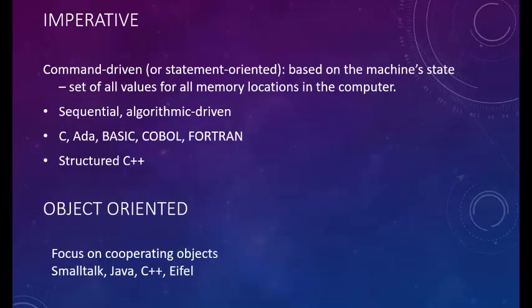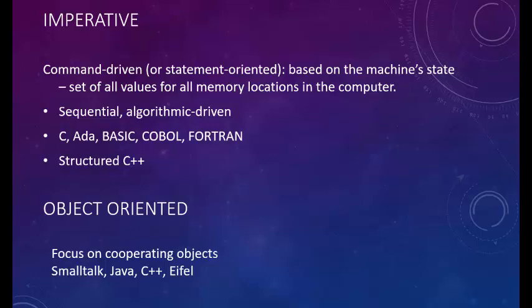The object-oriented paradigm is based on solving problems by focusing on cooperating objects. The languages Smalltalk, Java, C++, and Eiffel all come to mind as leading object-oriented programming languages. All these languages adhere to the von Neumann architecture.